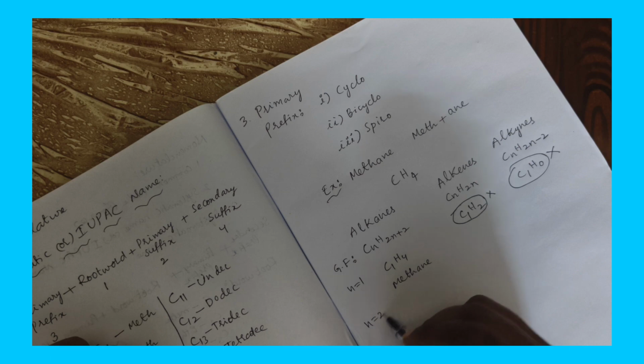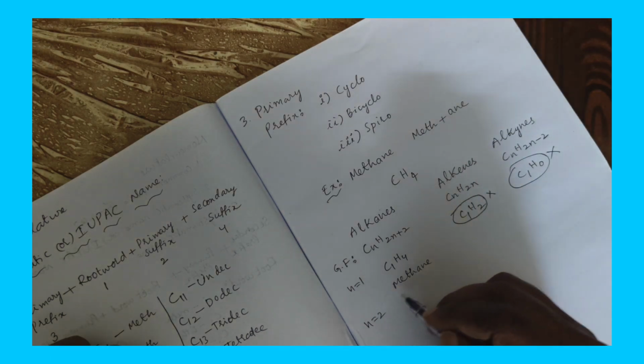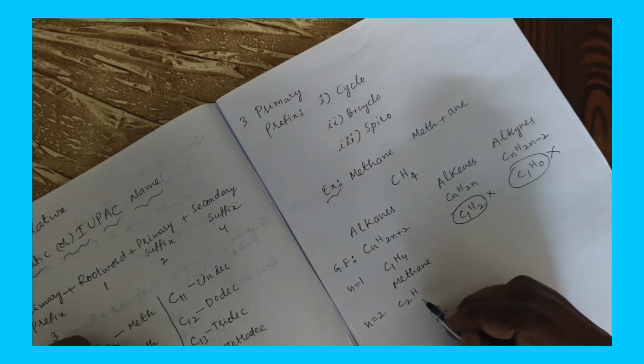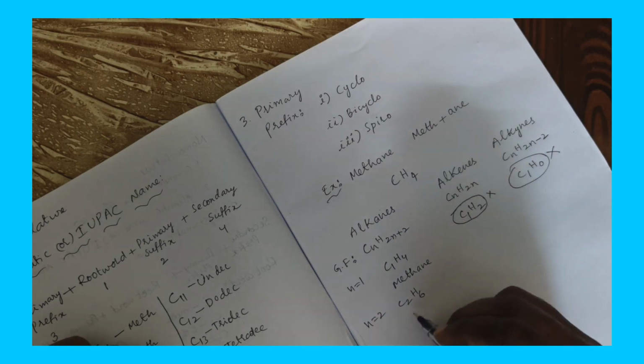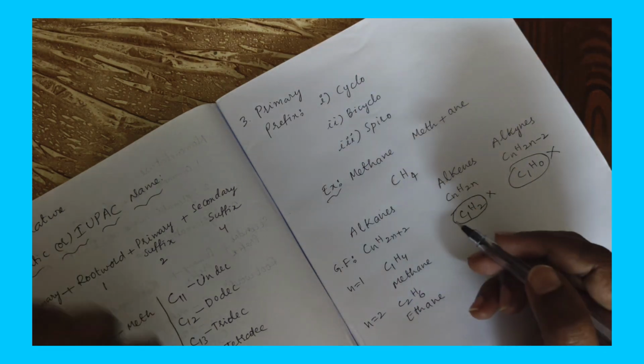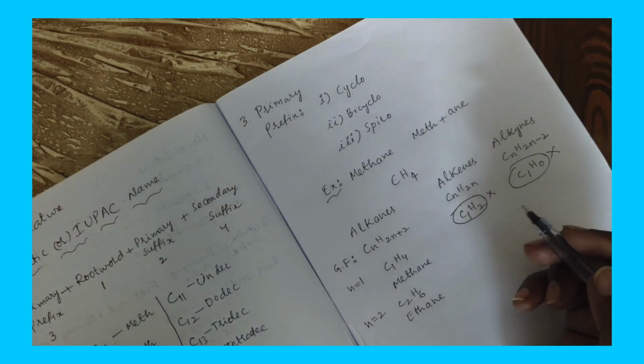If n equals 2, we take C2, H 2 into 2 plus 2, that means H6. This is ethane. Eth plus ane: root word and primary suffix, two together.